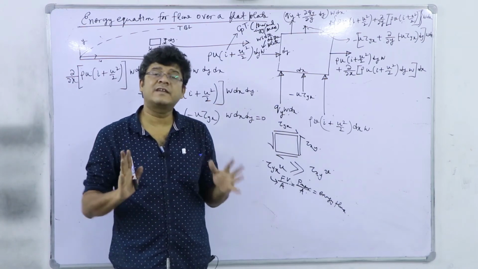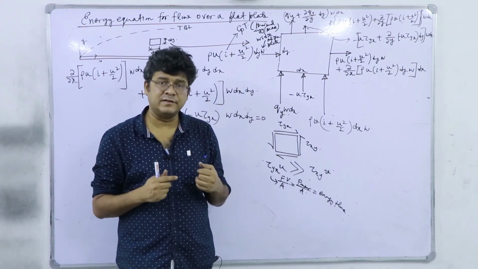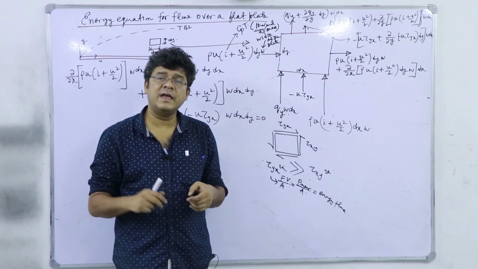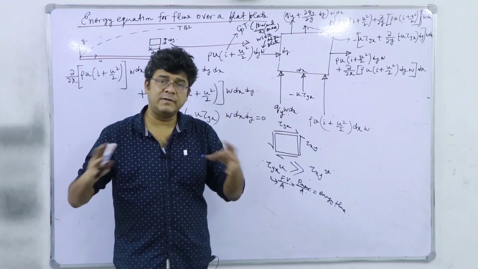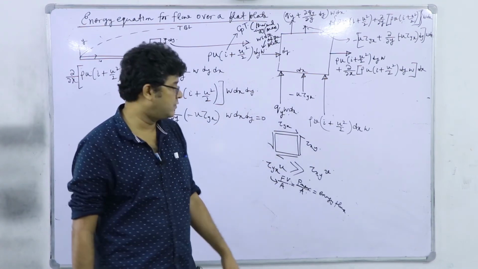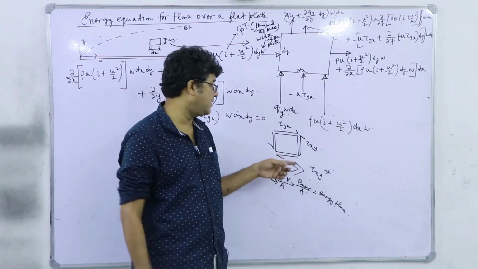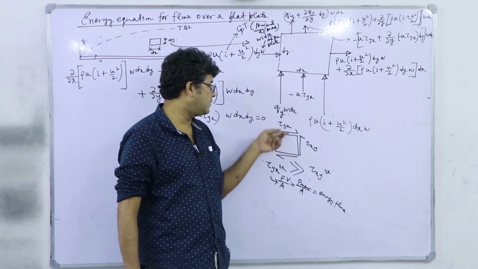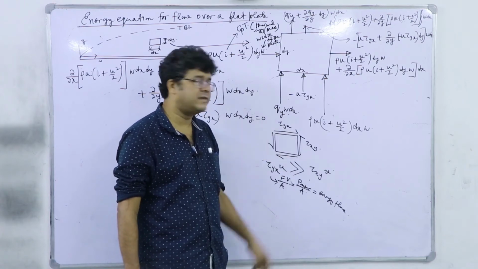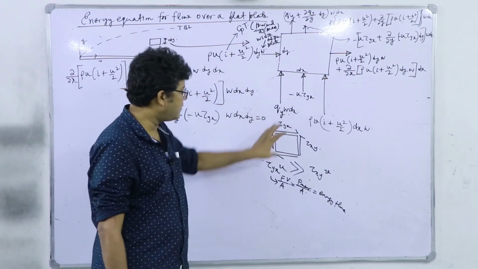Actually, there is no direction of viscous dissipation because it is an energy term. However, whenever I say the x component or y component of viscous dissipation, we are referring back to the force direction of the respective shear stress. Here the shear stress tau yx is x directional, right, and that we are considering.